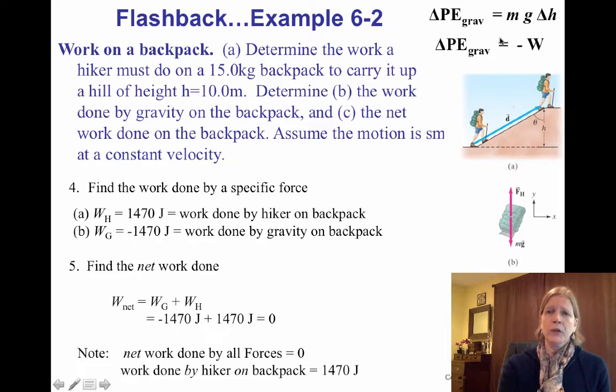The first thing I want to remember is that equation for change in potential energy, and that was mg delta h. And one thing I want to point out is the delta h just had to do with the vertical height that we changed. So it was independent of path taken. It didn't matter if we went in a circuitous route, if we went straight up a ladder, if we went downhill and uphill.